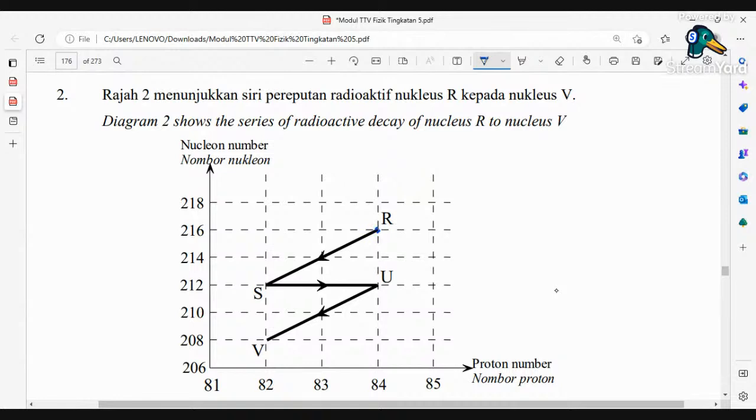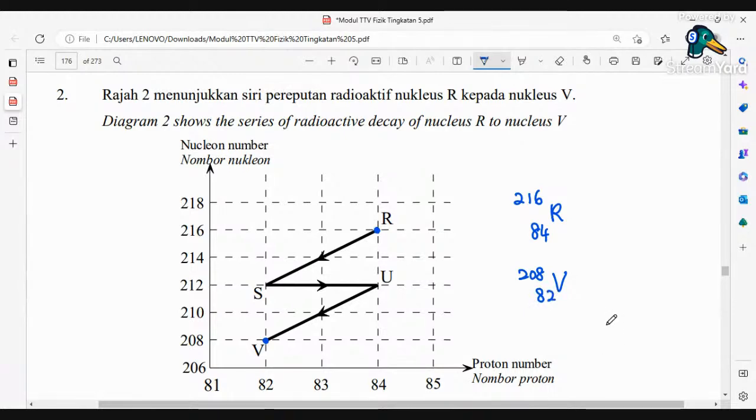For example, R is here, so the nuclear number is 216, and the proton number is 84. So the nuclide notation for R is 216, 84. And then for V is here, nuclear number 208, proton number 82.